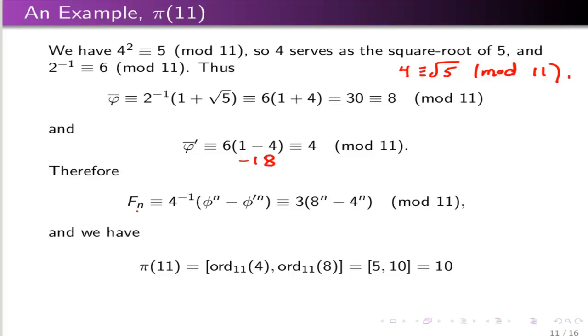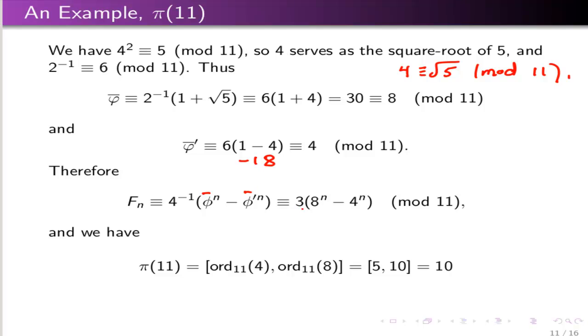Therefore, the nth Fibonacci number, mod 11, is just the inverse of 4, so that's the 1 over the square root of 5 right here, times phi to the n minus phi prime to the n. These should have been those barred terms.